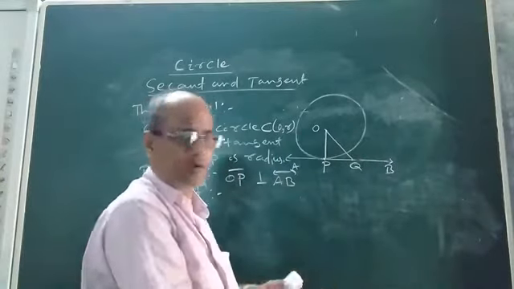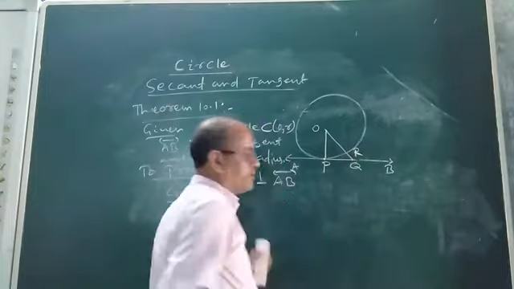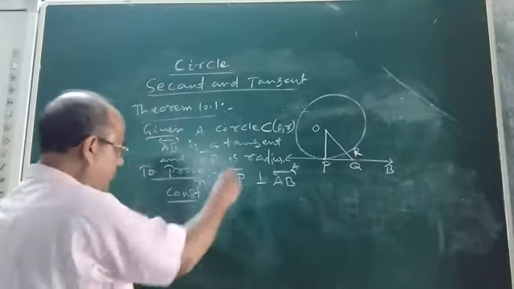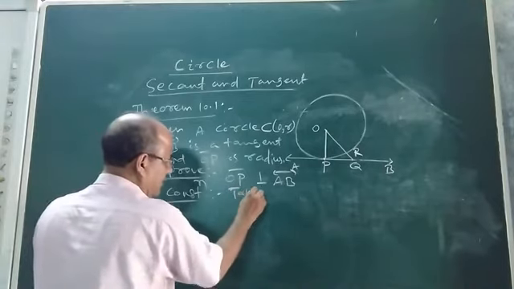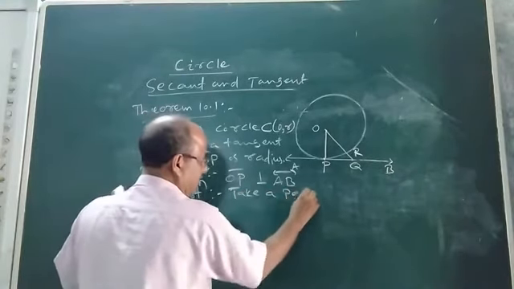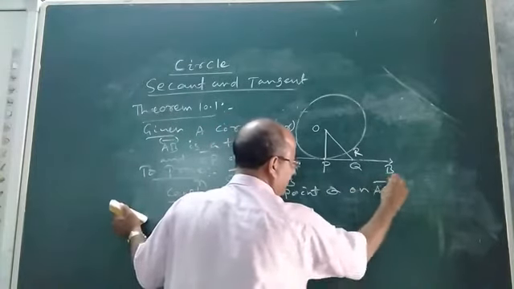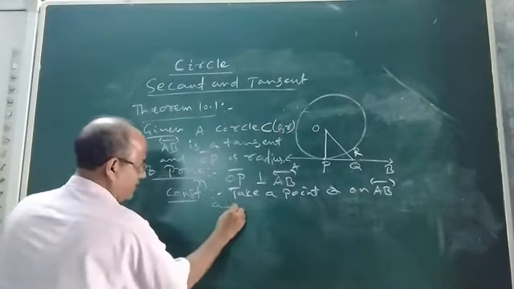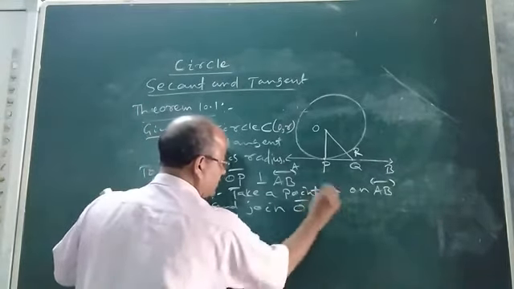Join O and Q. Now when you join OQ, it will intersect the circle at one point. Suppose the point is R. So that's how to write the construction: take a point Q on the tangent AB and join OQ. So this is the construction we require.